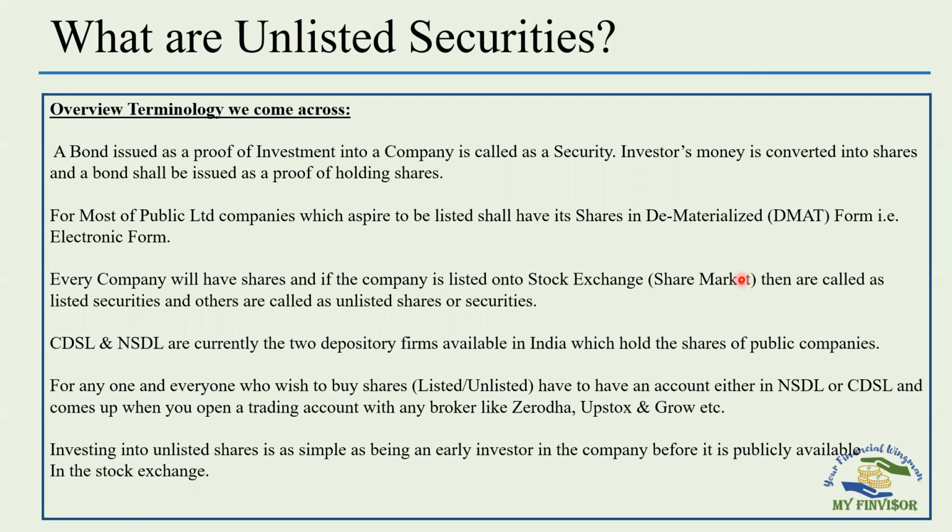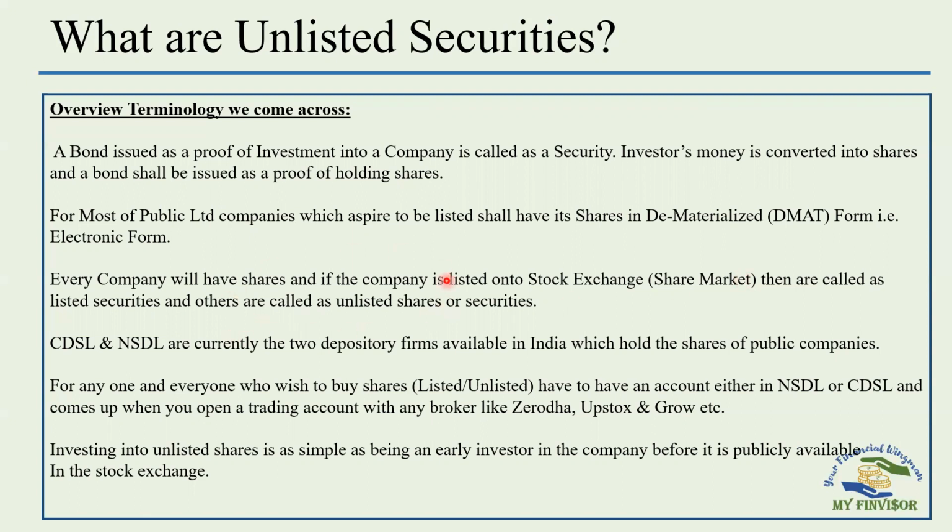So for most of the public limited companies, there are shares available, and these shares, instead of having it on a physical paper, they are dematerialized, and these dematerialized shares are kept with either CDSL or NSDL, the Central Securities Depository Limited, National Securities Depository Limited.